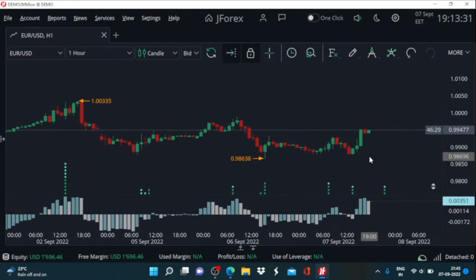Only when a new bar appears in the next hour will the new output value for this bull power indicator appear, and it will then remain fixed.